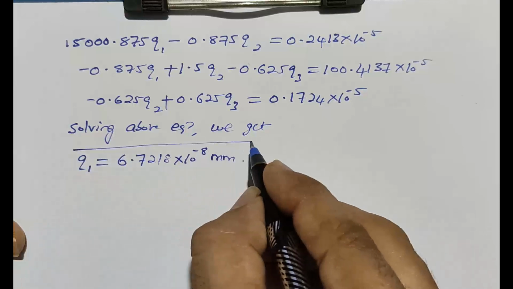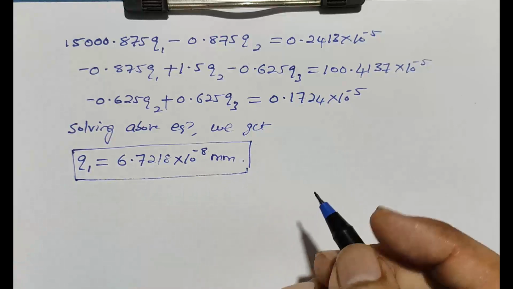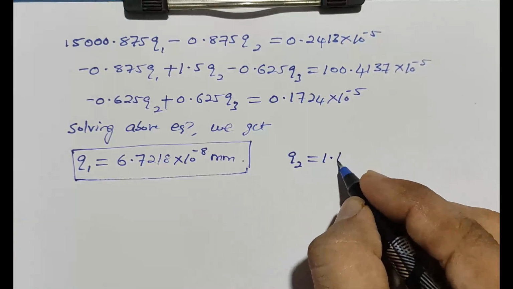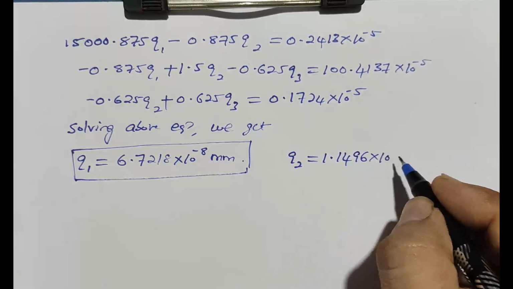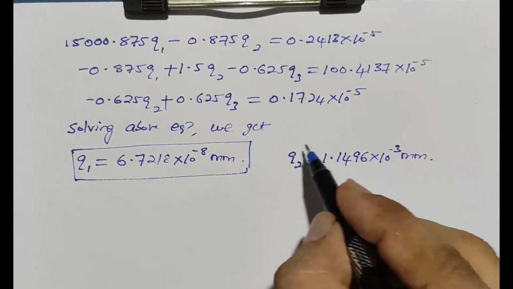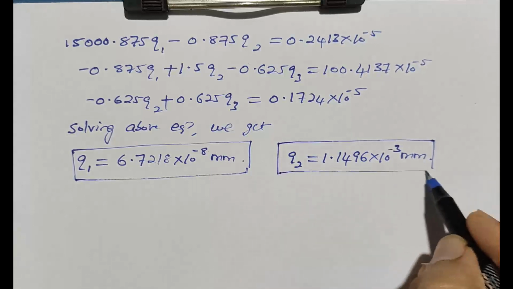This is displacement at node number 1. Next, Q2 is 1.1496 into 10 power minus 3 mm. This is displacement at second node.